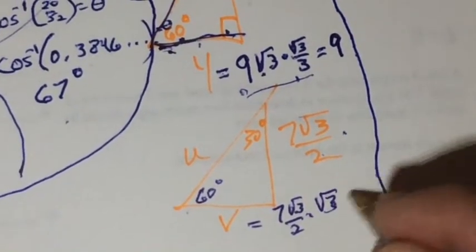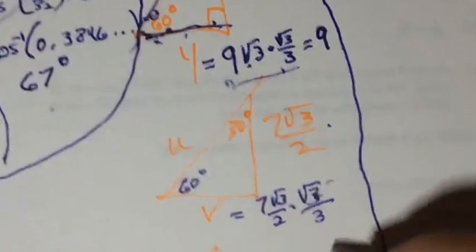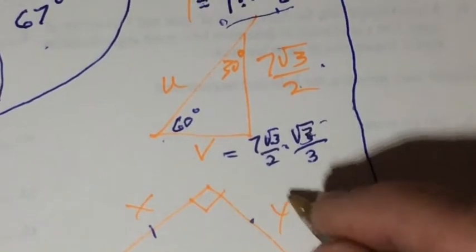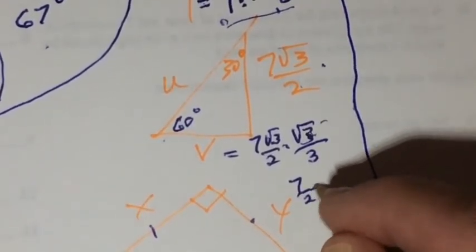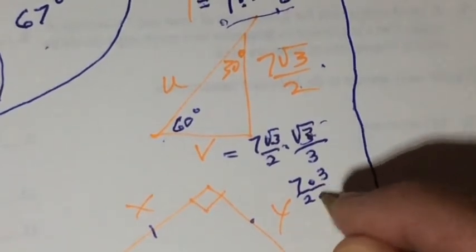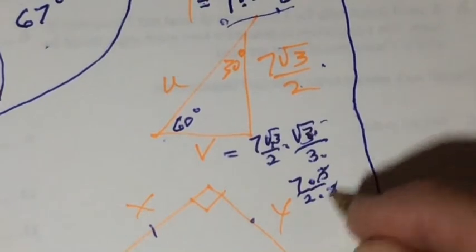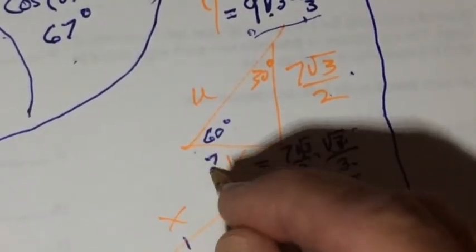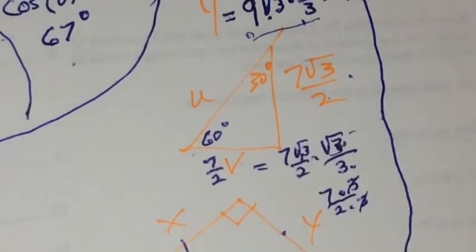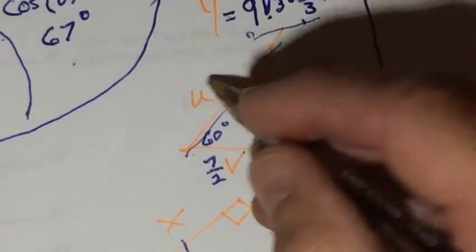Which means this is going to be 7 over 2 times square root of 3 over 3. So we're going to just divide that out. And this will be 7 over 2. The hypotenuse has to be double the side across from the 30-degree angle. That makes that 7.